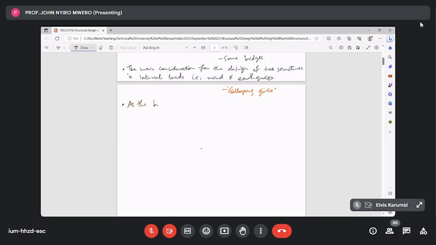As the building, or just structure in general, becomes taller, the lateral loads become more and more, it's a gradual process, more and more critical than gravity loads.